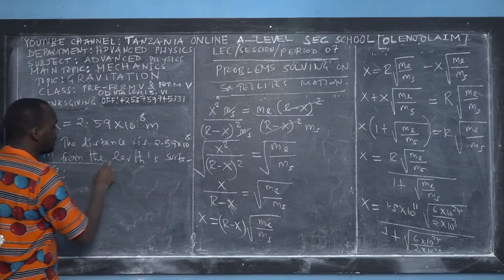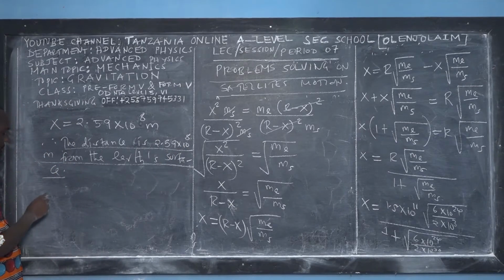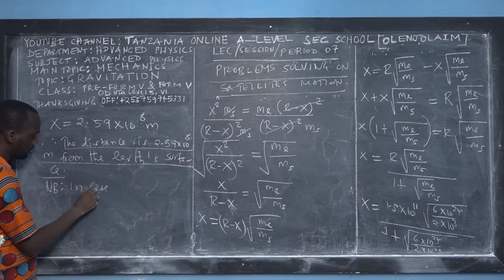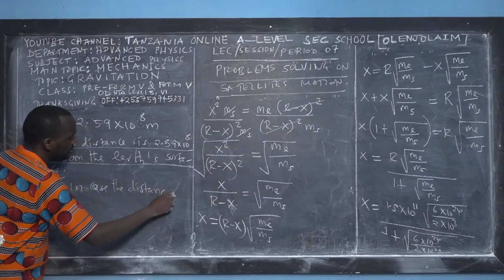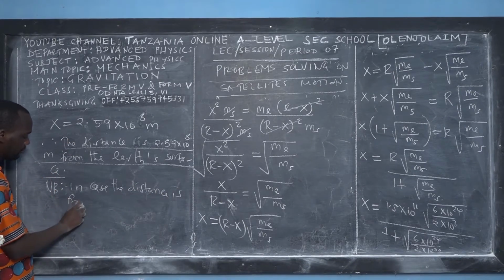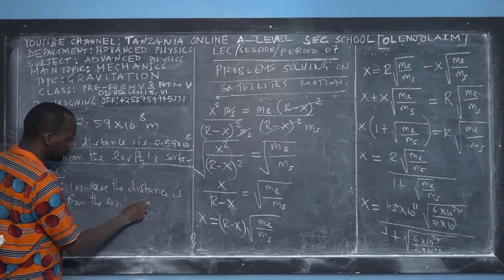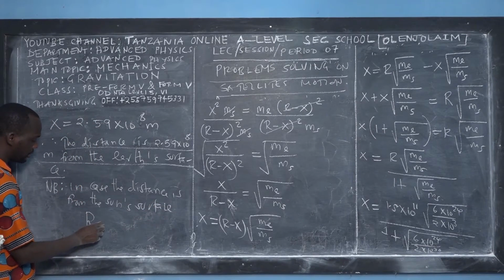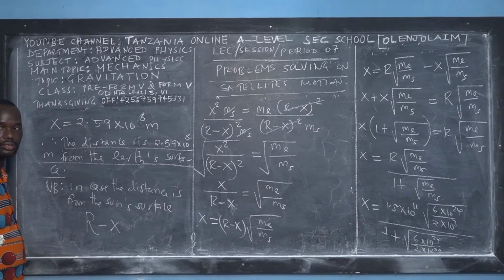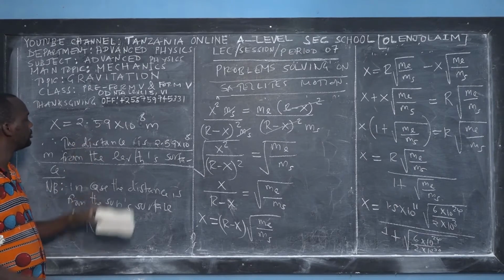In case you'll be asked for the distance from the Sun's surface, we find it by taking r minus x, the distance from the center of the Earth to the Sun minus x.